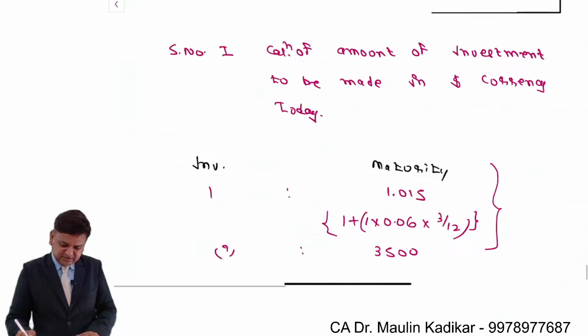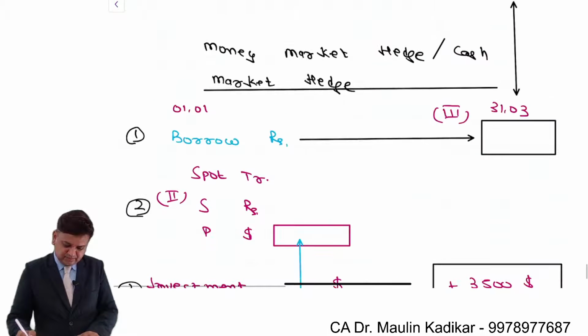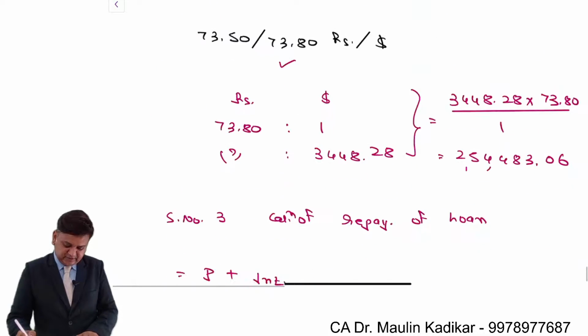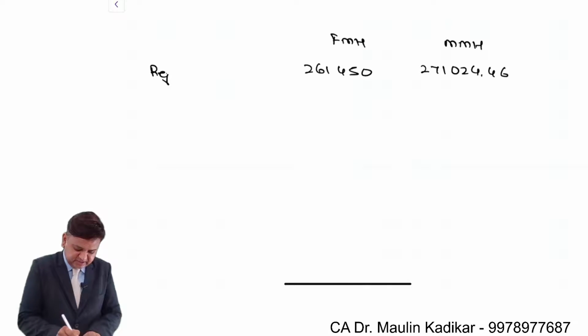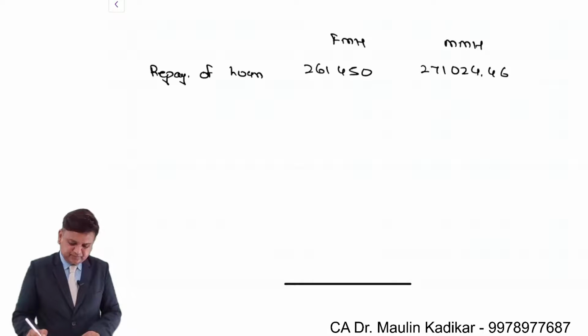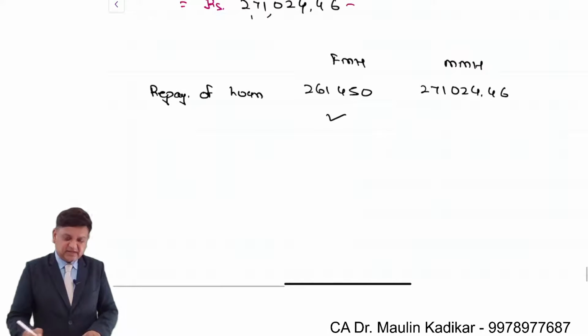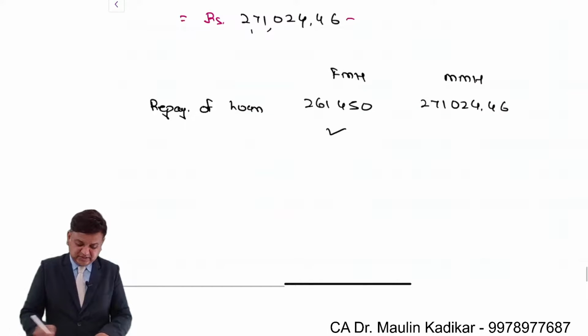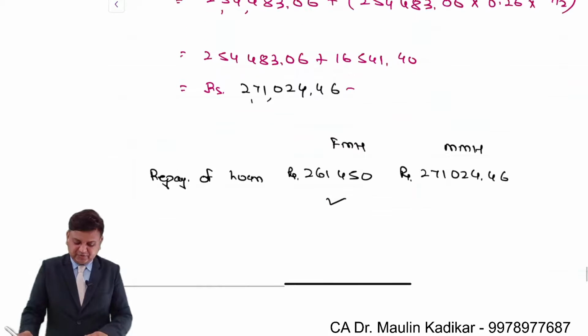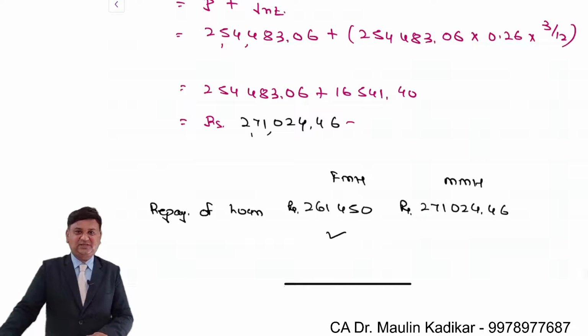Forward market hedge: 261,440. This is the repayment of loan. Again we select the option which is favorable to us, that is, the lower payment. So we are going to select the forward market hedge.